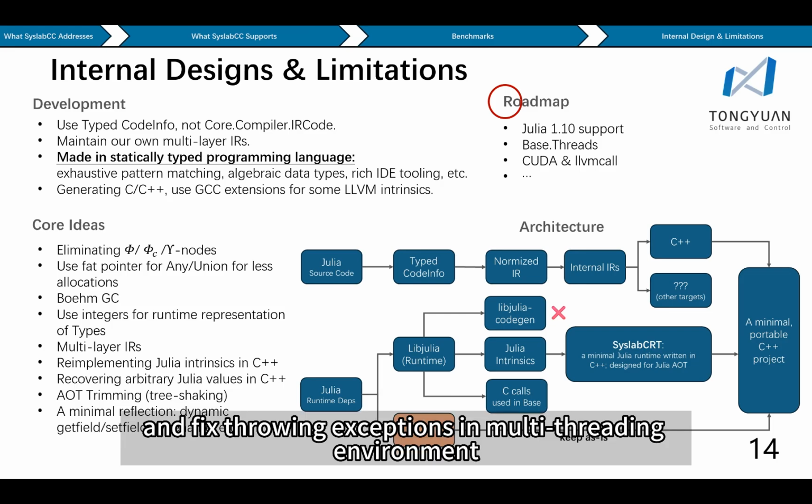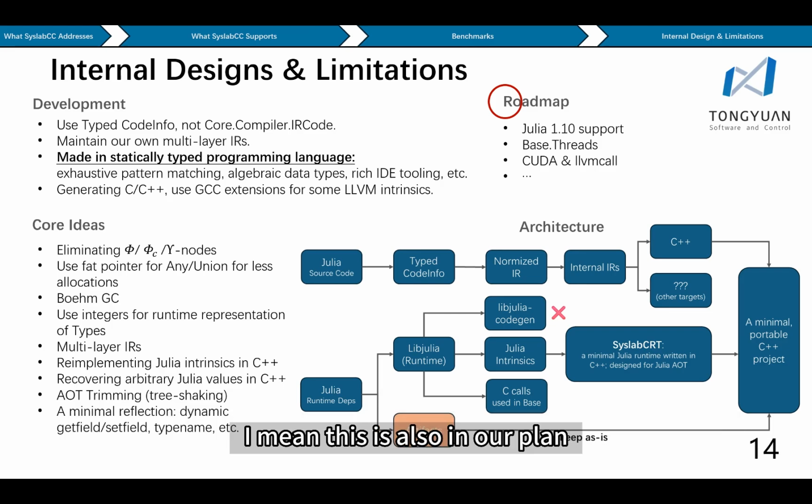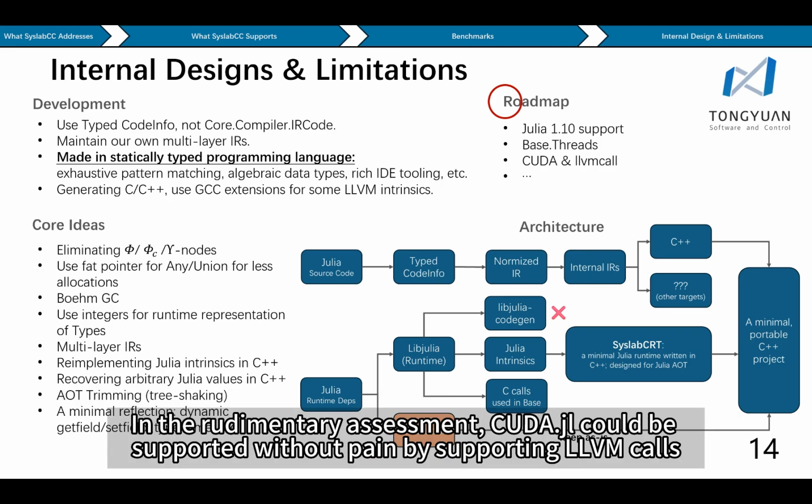And we will also support creating binaries that call GPU features. This is also in our plan, and in the rudimentary assessment, CUDA.jl could be supported without pain by supporting LLVM calls.